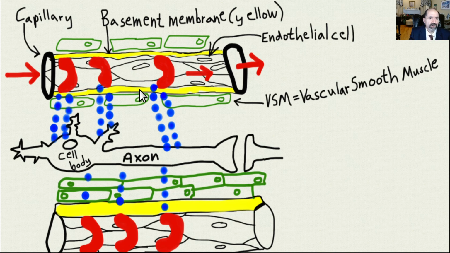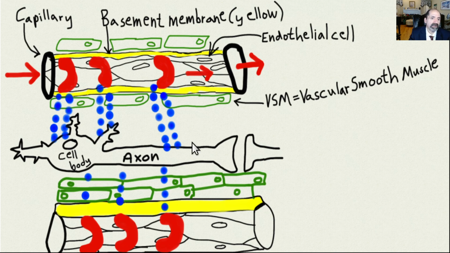The little blue circles are the oxygen. So a normal functioning capillary is delivering a lot of oxygen. The hemoglobin is releasing it, and it then diffuses over to the neuron. So here's a neuron cell body. Here's a neuron axon, the synapse, and whatnot. Okay, and then down below is an abnormal capillary. It has a thickened basement membrane due to the diabetes or due to hypertension.